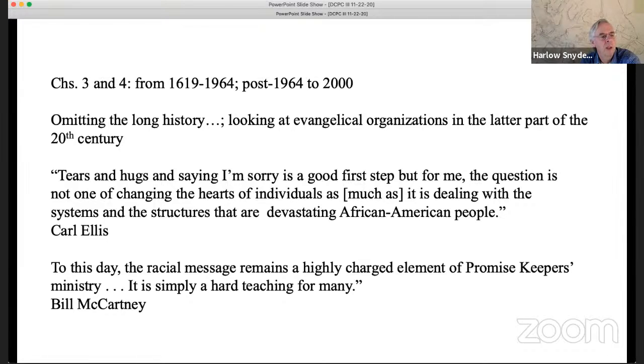So I think Promise Keepers has probably charted a certain progression in the identity of evangelicals in America, and a more explicitly right-wing approach that Franklin Graham has probably embodied, departing very much from Billy Graham.